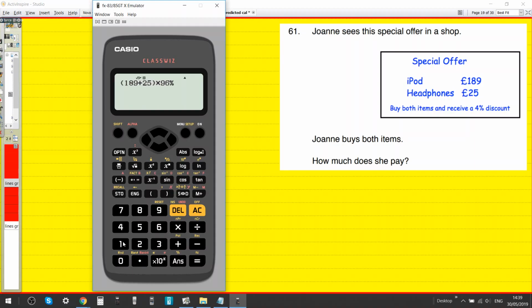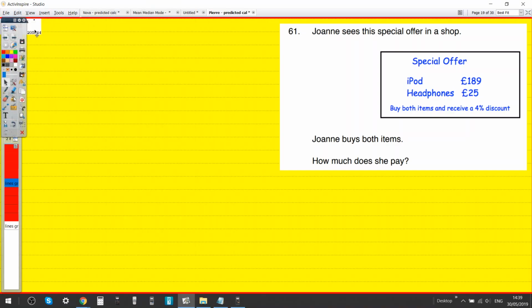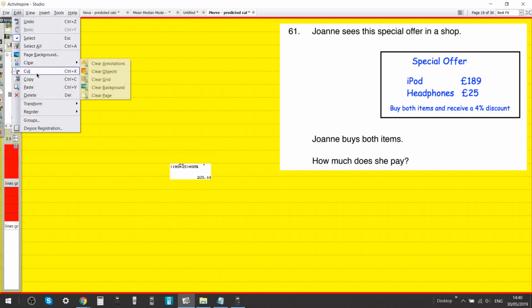So I'll just get the whole thing in one go. So that's what it would look like. So just have that for your notes. Instead of subtracting the absolute amounts, you instead subtract the percentages first and use that.